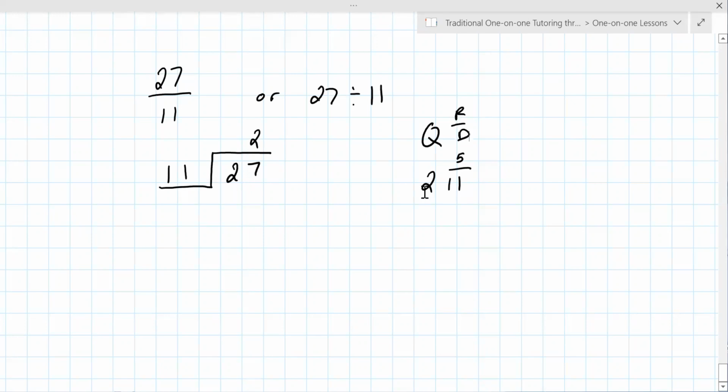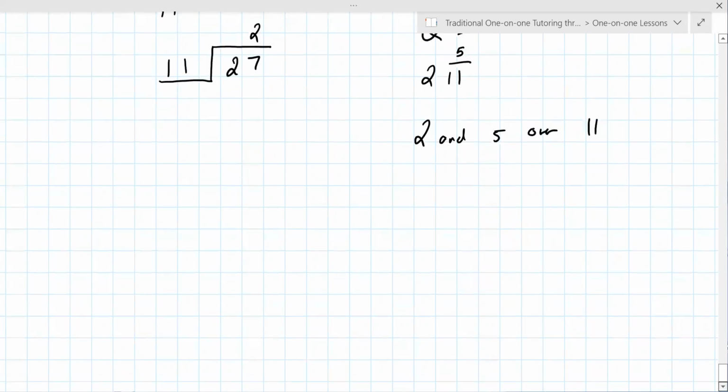Meaning the way you read this is 2 and 5 over 11. Okay, let's try another one. This is really good. Actually, I've got the one from your assignment. Let's try this.